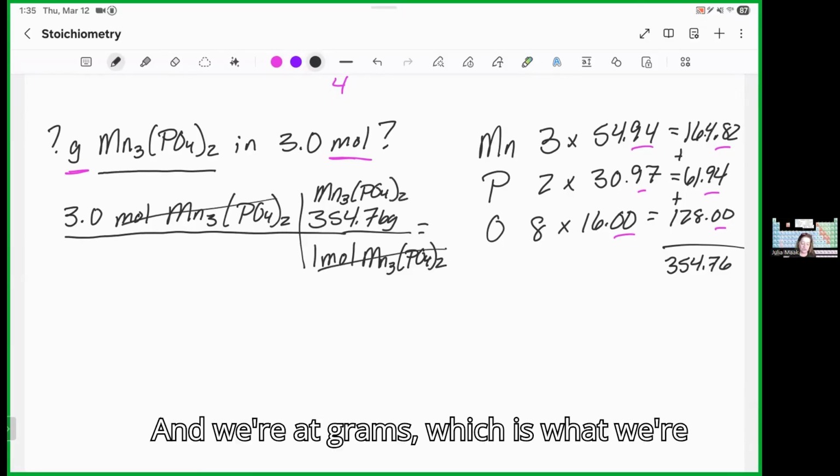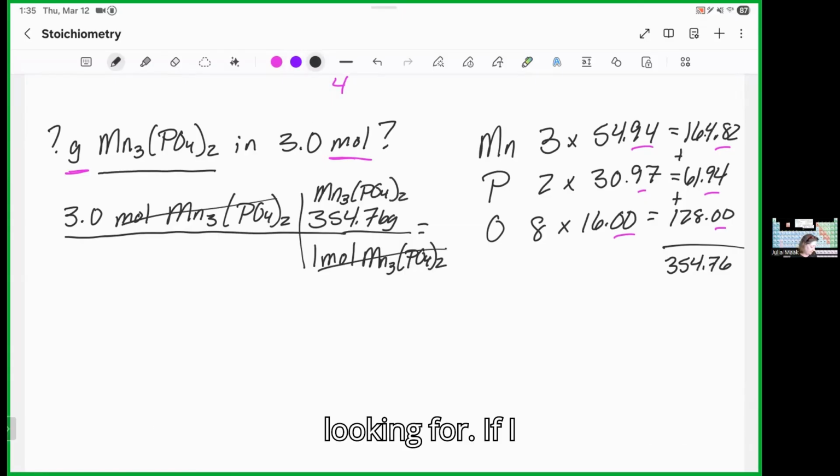And we're at grams, which is what we're looking for. If I do that math, I get 1064.28. We have 2 sig figs and 5 sig figs, so we're going to go with 2 sig figs.